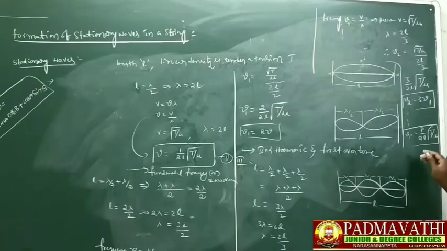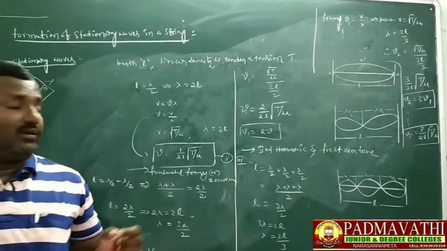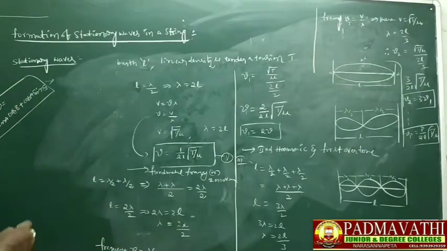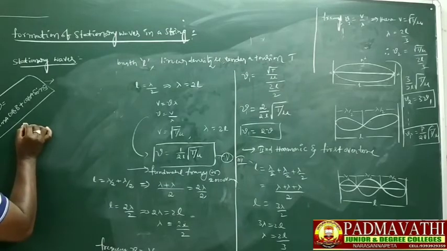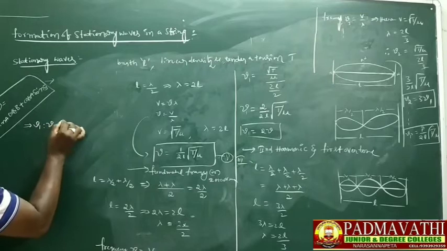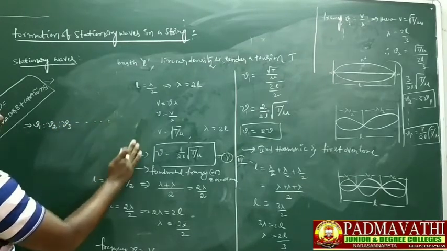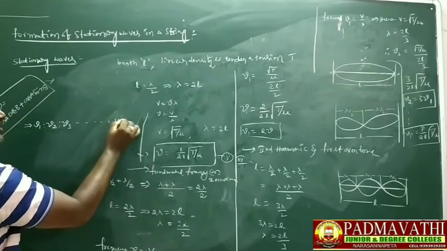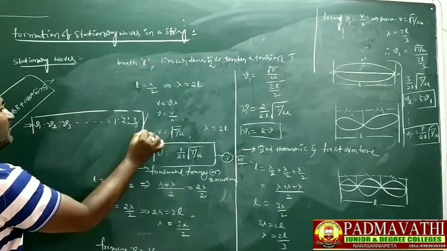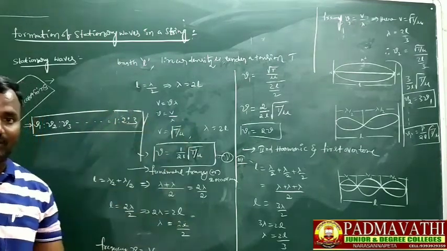Okay, so now the ratio of the fundamental frequency and harmonics can be written as nu 1 is to nu 2 is to nu 3 and so on, is equal to 1 is to 2 is to 3. This is the ratio of harmonics of the stretched string.